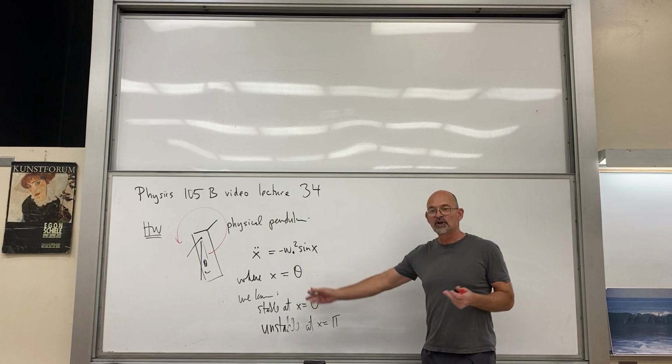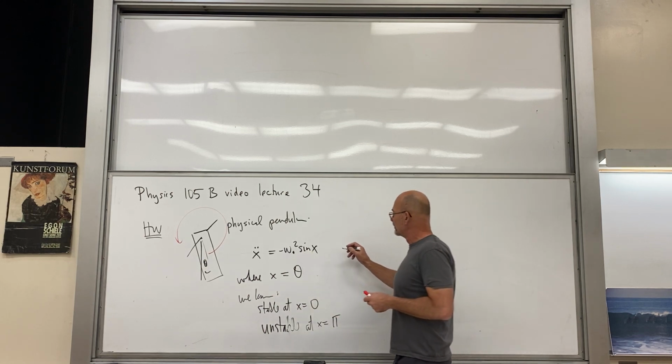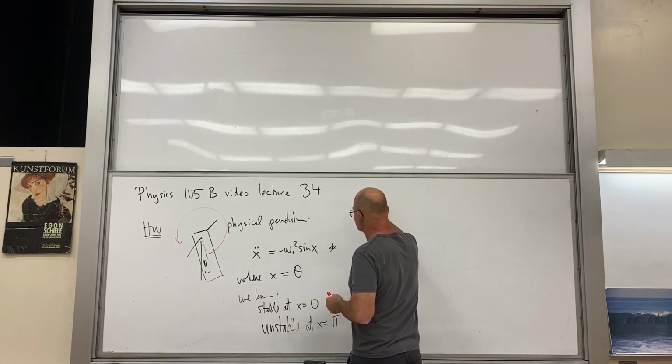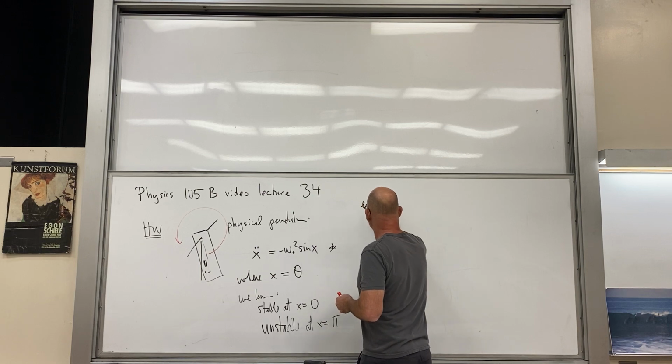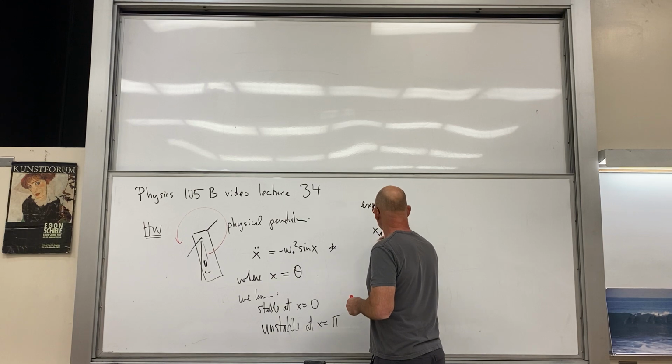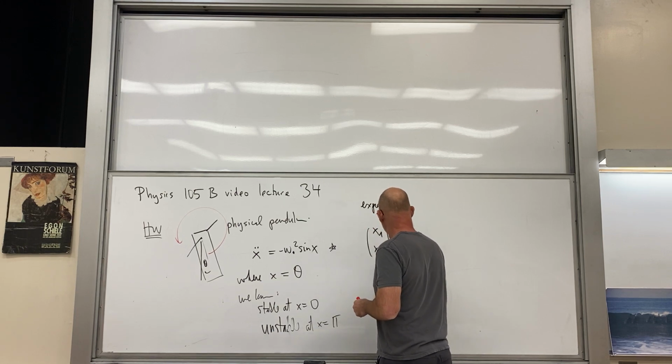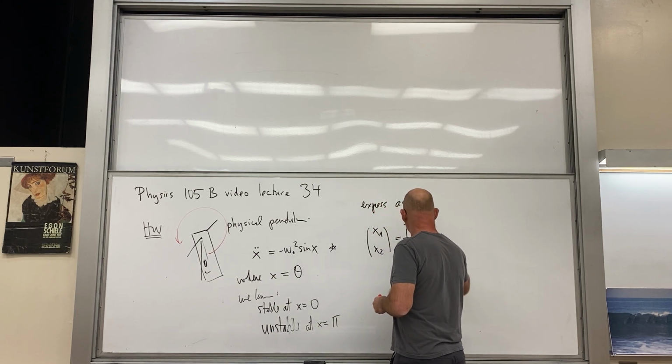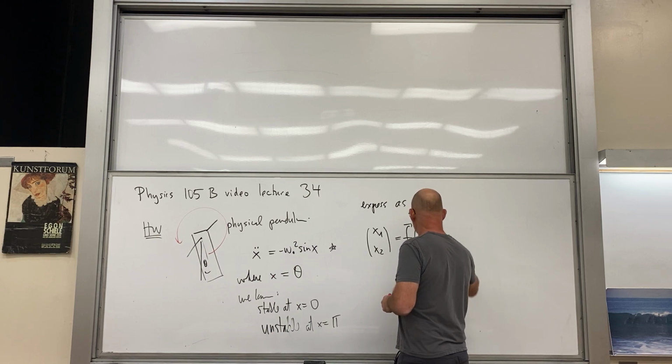And we're just going to do this formally. So what we do is express it as x1 dot, x2 dot equals f of x1, x2.